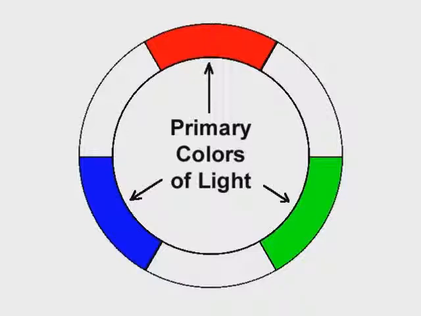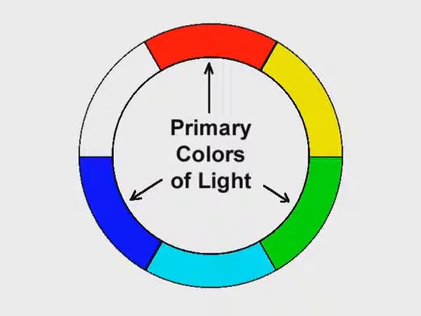And the interesting thing is, if you mix red and green together with the photons, you get yellow. If you mix green and blue together, you get cyan.